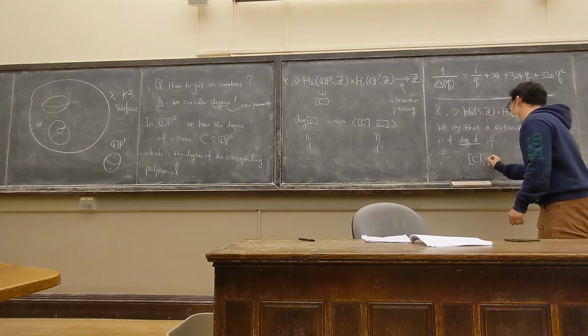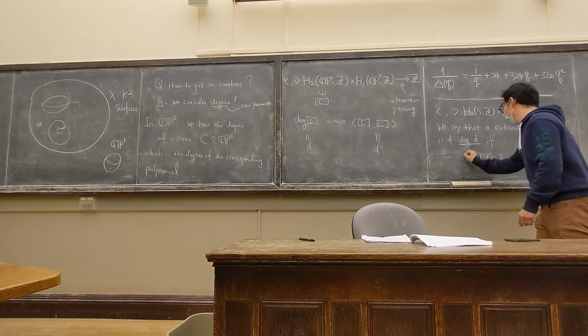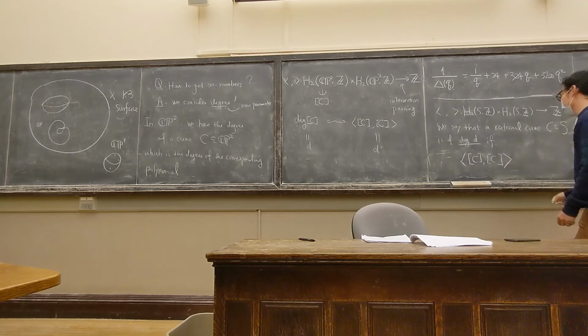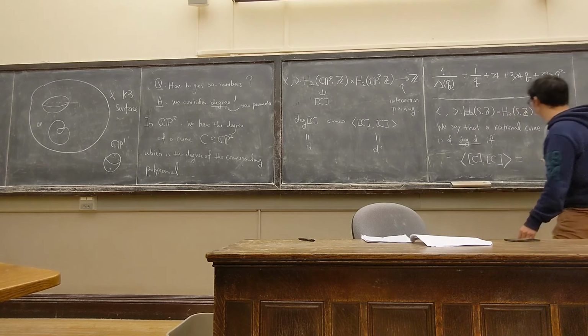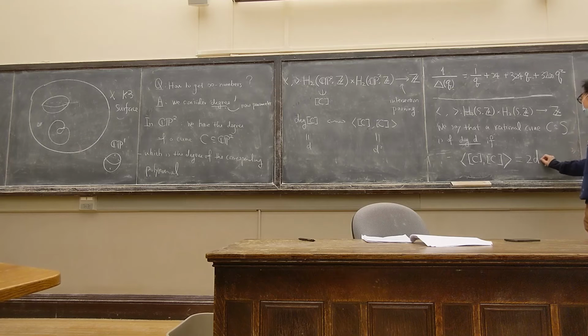If you use this tool in algebraic topology, this is given essentially by D, but we need to do some normalization, so this is actually 2D minus 2.